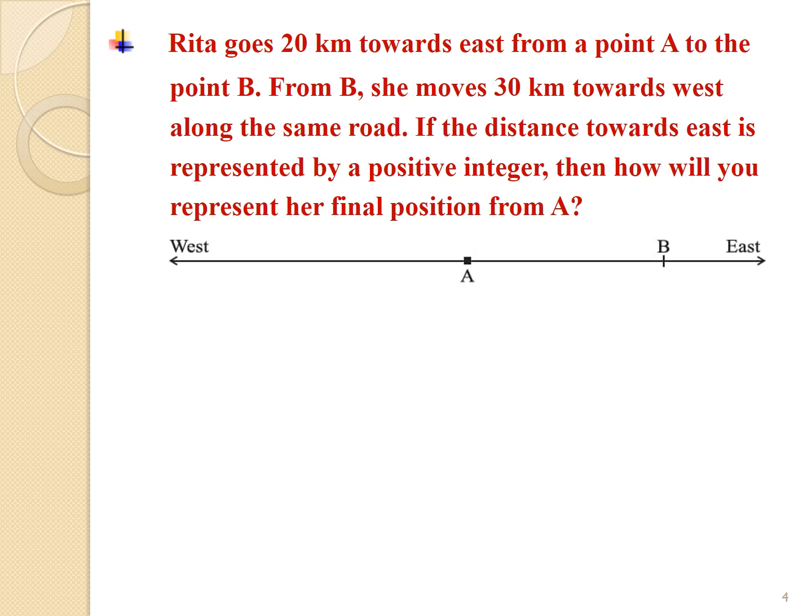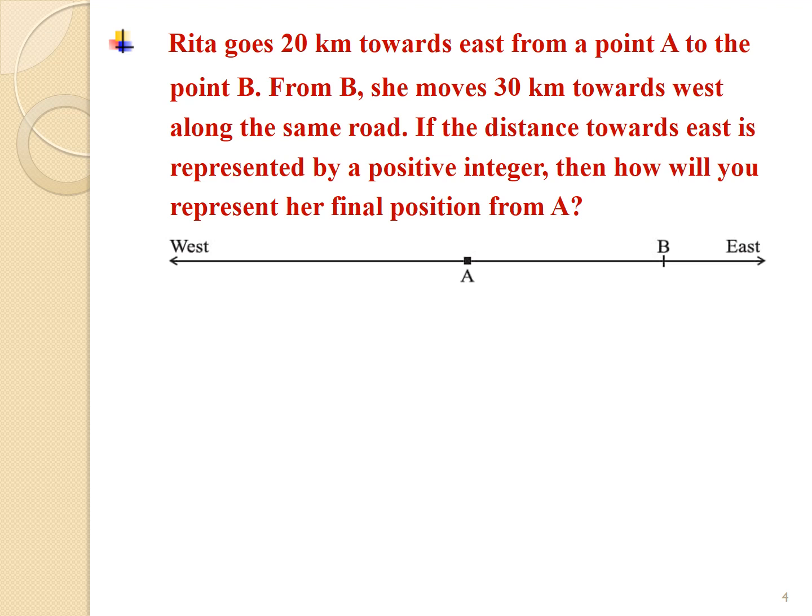Students, try to understand this question. In this question, it is clearly given to us that Rita goes 20 kilometers towards east from point A to the point B, and from point B she moves 30 kilometers towards west.